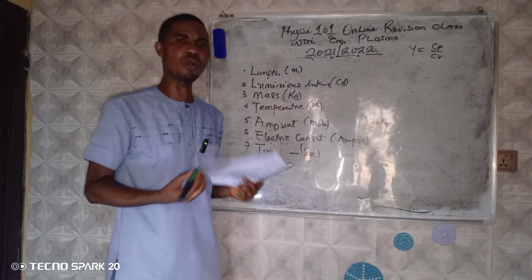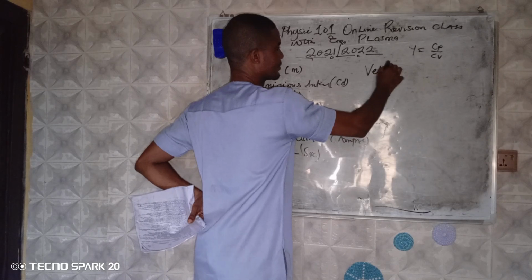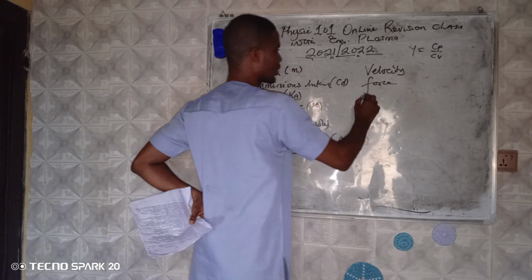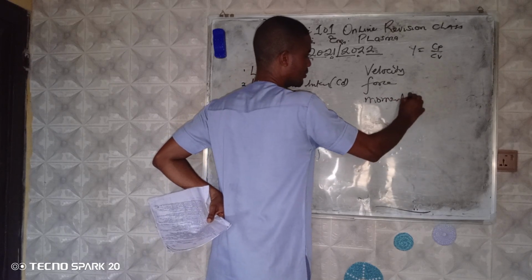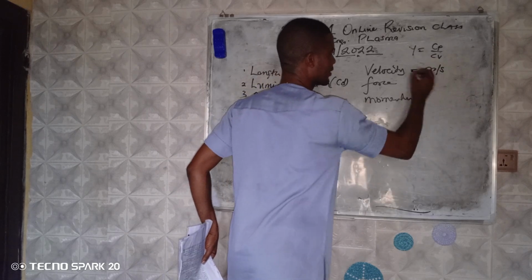But let us take one or two derived quantities. Let's look at velocity. Let's look at force. Then let's look at momentum. Now, velocity is meter per second.